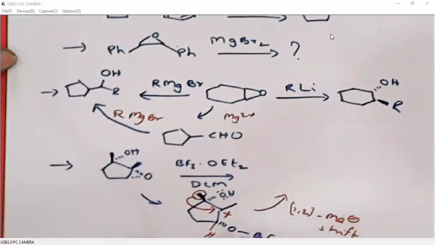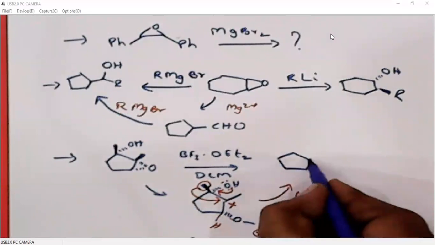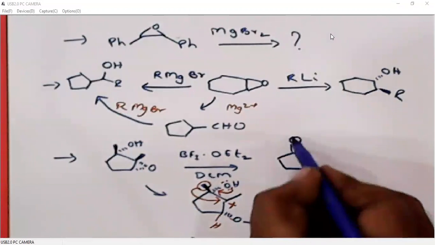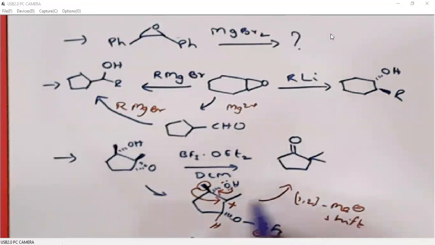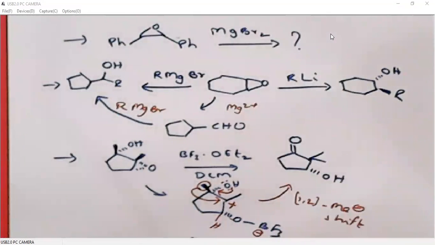So instead of this oxygen generating a carbonyl group, this other oxygen now will generate the carbonyl. So the lone pair on this oxygen will be polarized to generate the C double bond O. This alkyl group will undergo migration. So it becomes just alcohol only. So the product is C double bond O here, dimethyl groups here, and it is a simple alcohol only.